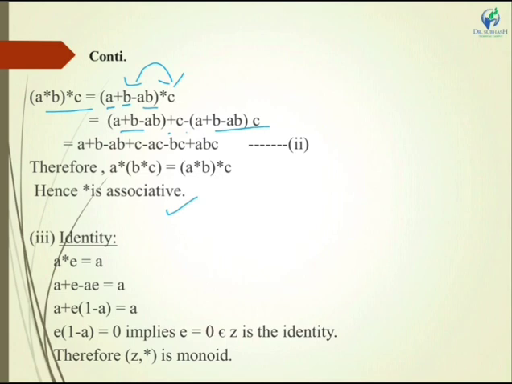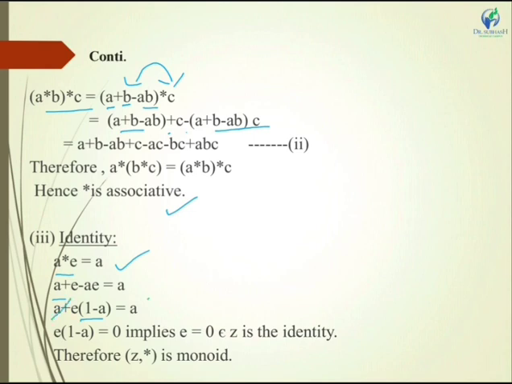And next is the identity property, or existence of identity. See, a * e = a, we know that. Now I will apply this star. So I get a + e - ae = a. I am taking e common in the next step. So I get a + e(1 - a) = a.